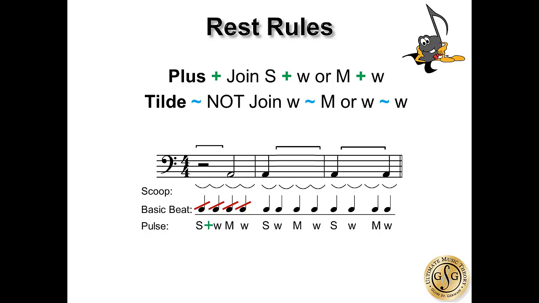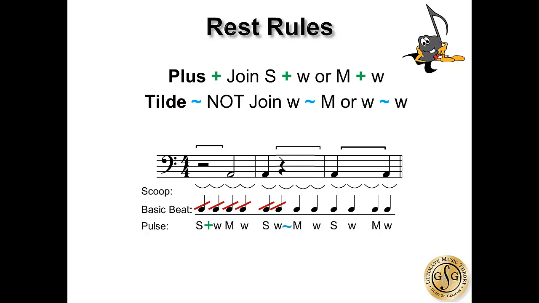In the second measure, we have 1 quarter note, so we cross off the strong beat 1. Looking at the second beat, we notice the pulse is weak to a medium, so we add the tilde sign between the weak tilde medium as the beat stands alone with 1 quarter rest and cross off beat 2.